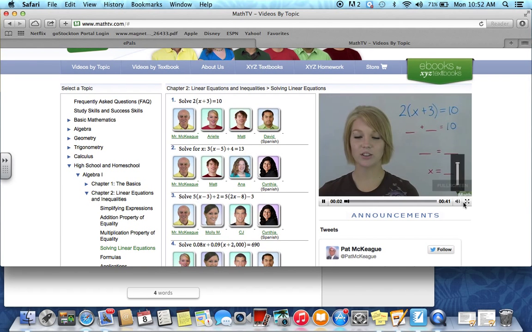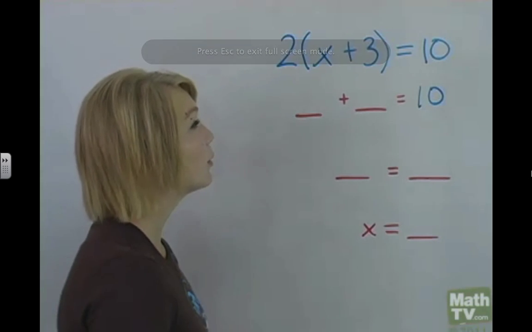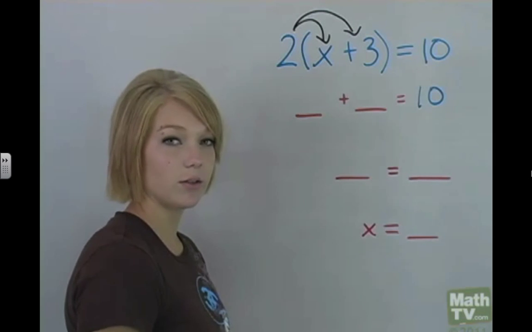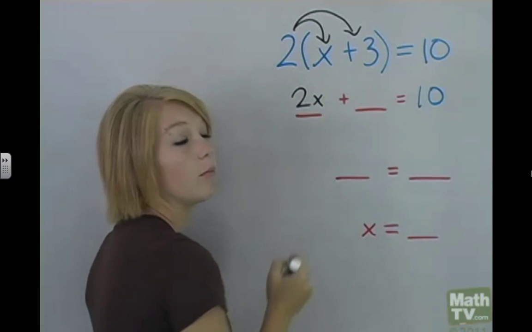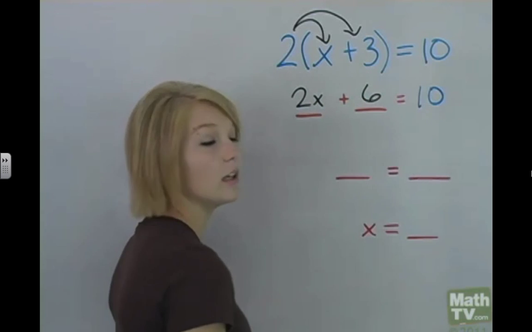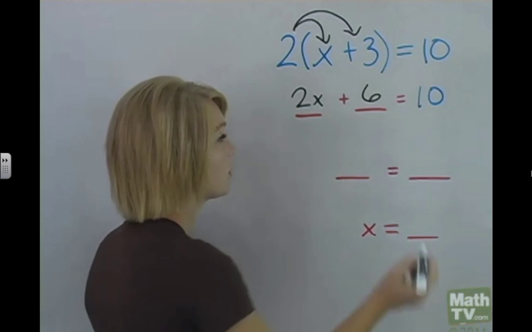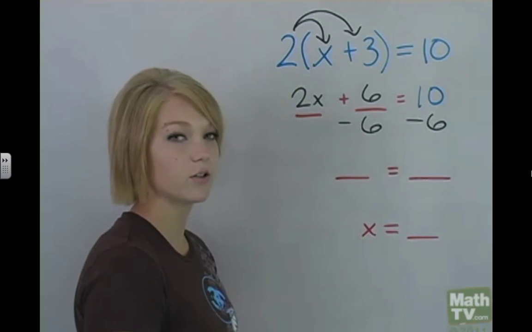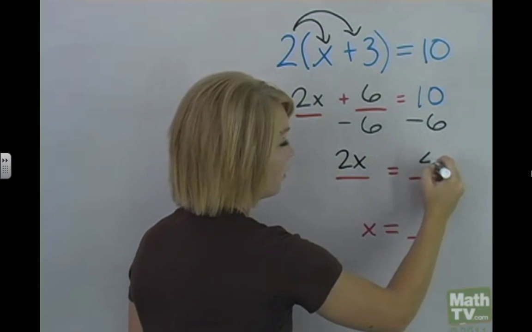Here we have the equation 2 times x plus 3 equals 10. The first step is going to be to distribute the 2 throughout the expression, which gives us 2x plus 6 equals 10. Now we're going to subtract the 6 from both sides, which gives us 2x equals 4.